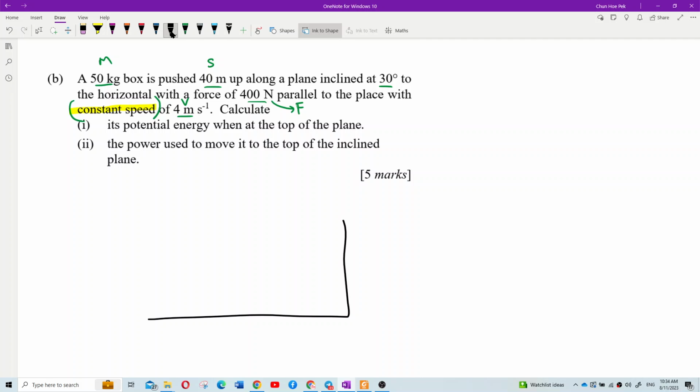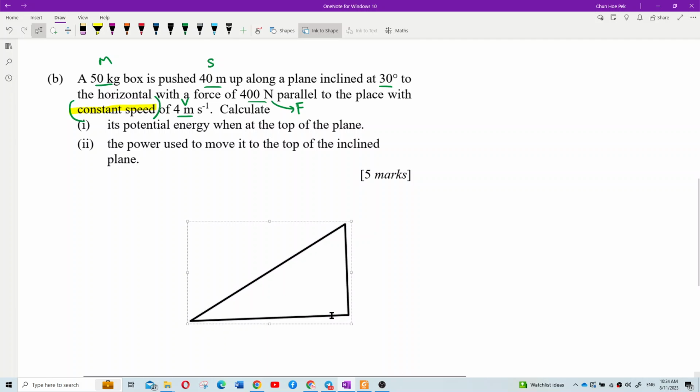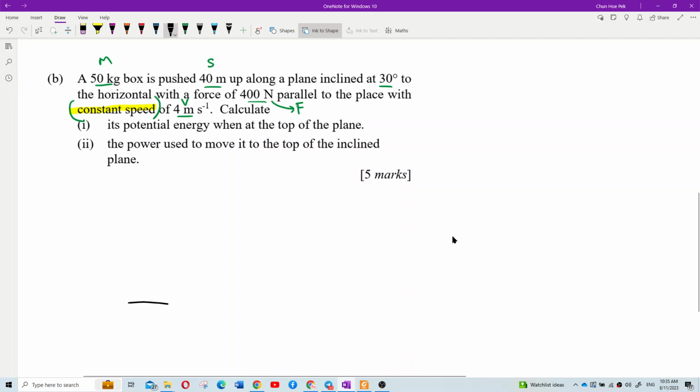Let me try again. No need lah. Alright, this is the best way.